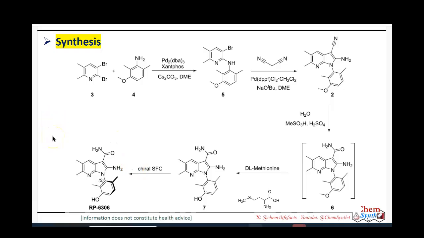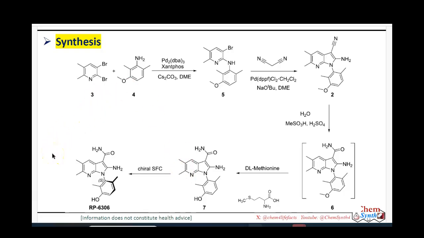Now in this process there were several problems, like very low solubility of this molecule, and that's why it was difficult to purify those two isomers through chiral SFC.